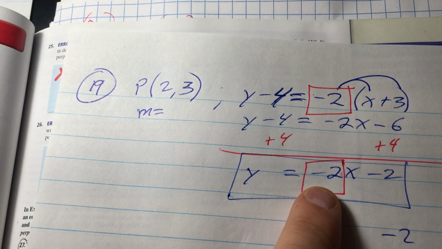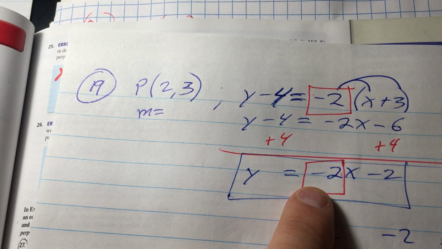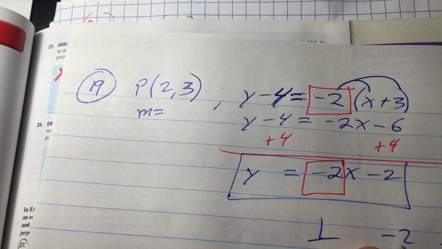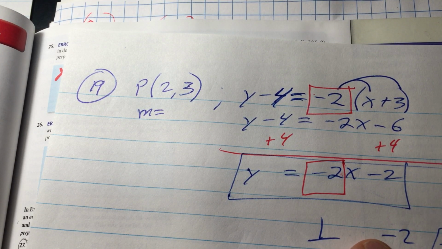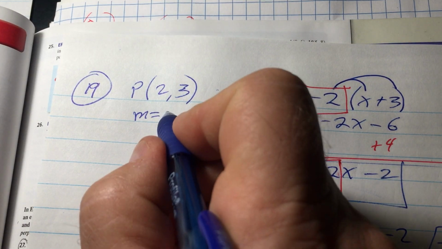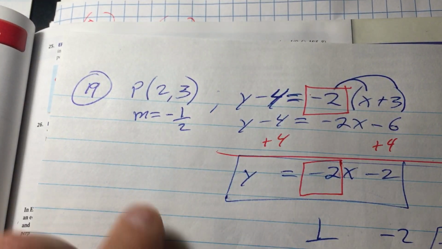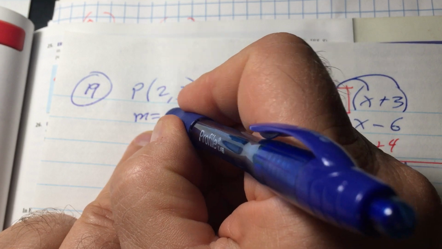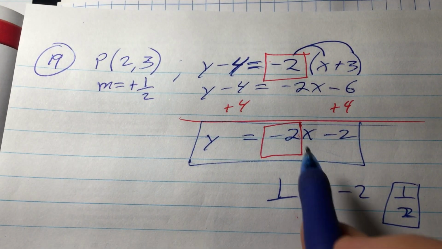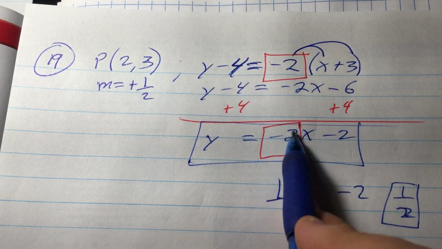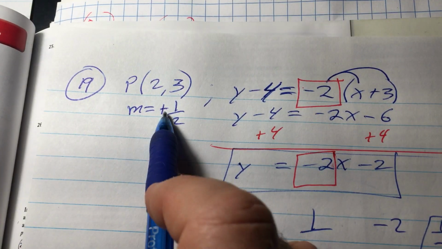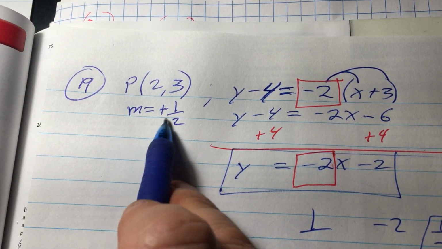We take this, flip it over, and then multiply it by negative. The negative reciprocal of negative 2 is a positive 1/2. That is going to be our new slope.